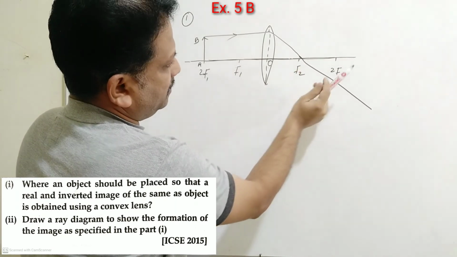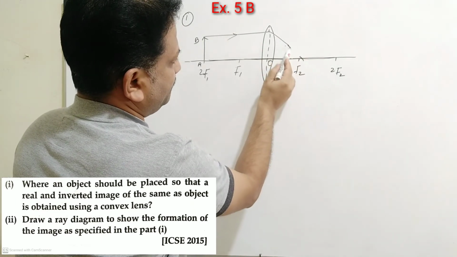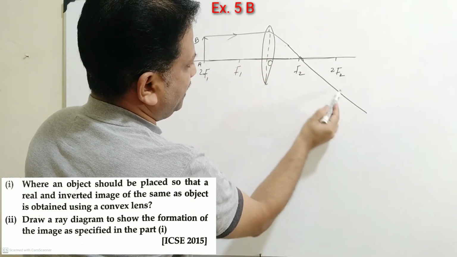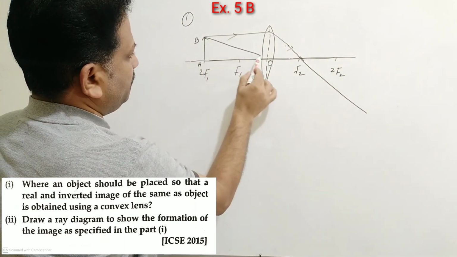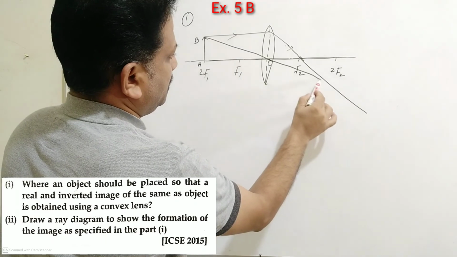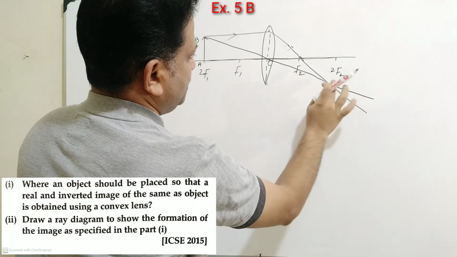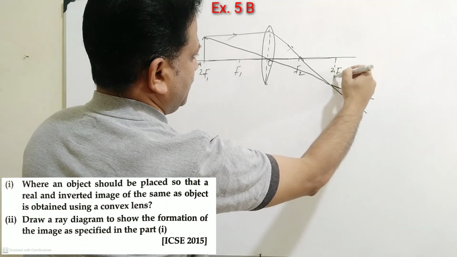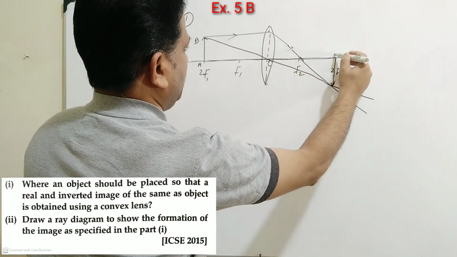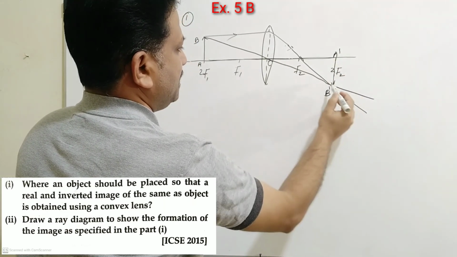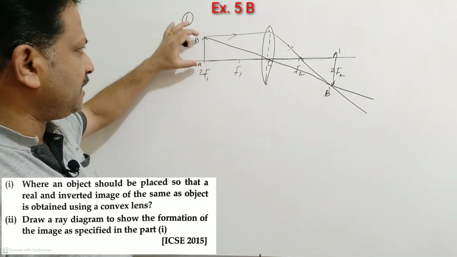Let me make it correct, because light rays always travel in a straight line. Use a scale for drawing ray diagrams. And a ray of light traveling towards the optical center, after refraction, passes undeviated. You can see the inverted image is formed exactly at 2f2, that is A'B', the meeting point, an image of the same size as the object.